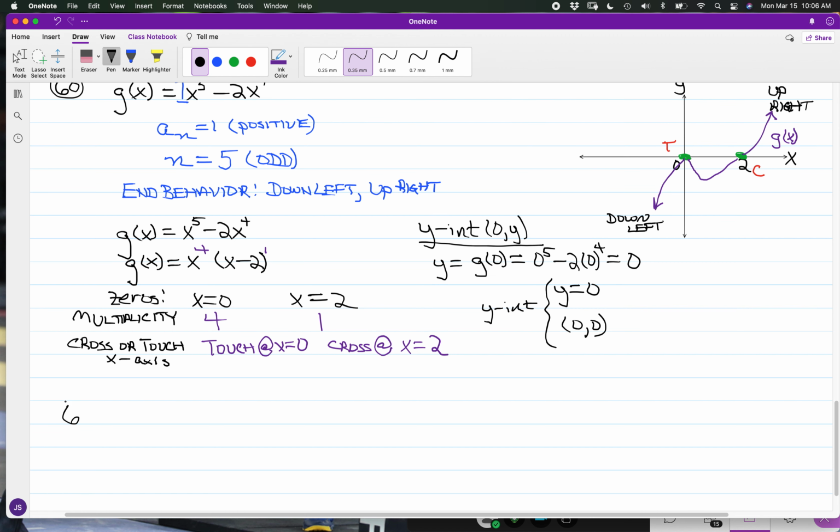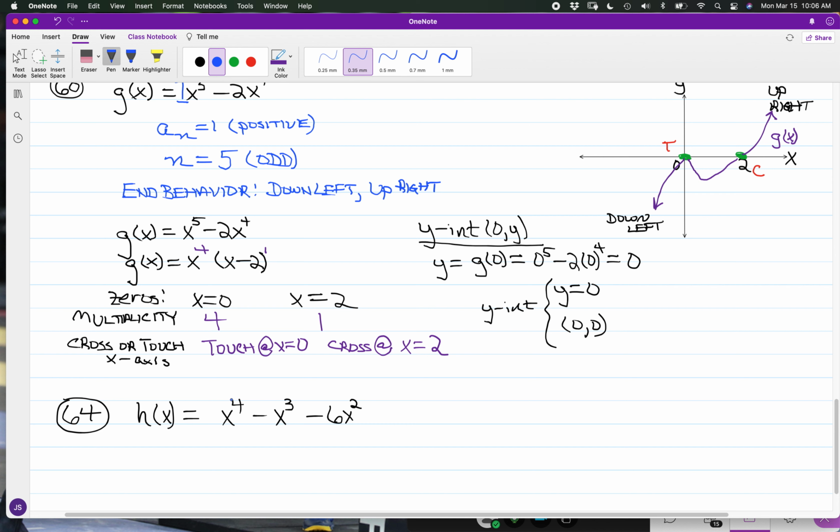Now where numbers 59 and 60 were odd powered functions, we're now going to have an even powered function with h of x. And for h of x, this is given as a trinomial, where we have x to the fourth minus x cubed minus 6x squared.